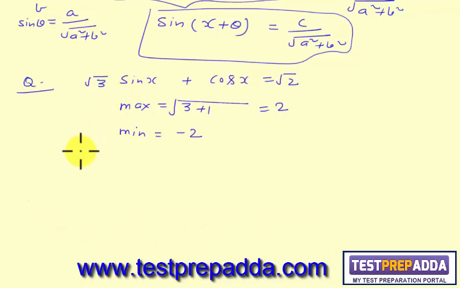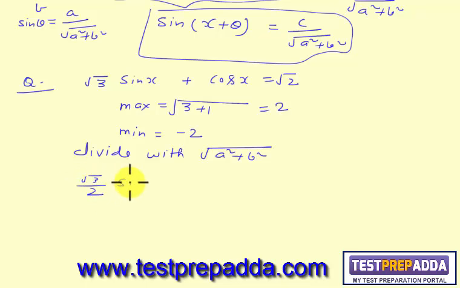Now you have to divide with what? As we discussed earlier, divide with root a square plus b square, means you have to divide with this 2. So it becomes root 3 by 2 sin x plus 1 by 2 cos x is equal to 1 by root 2.